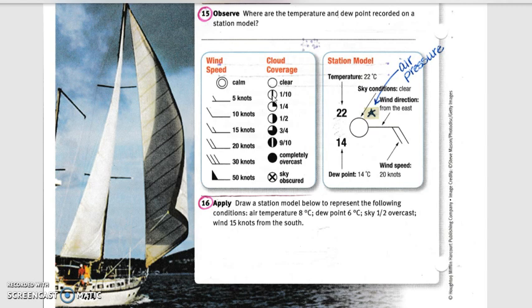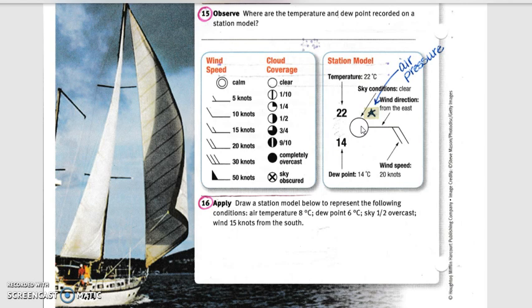Okay? You very rarely will see something like this, but maybe a quarter of the sky covered with clouds. Partly cloudy would be about half and half. Mostly cloudy would be about 3/4. Overcast, which means completely cloudy, you're going to color it in completely. Okay? So this is going to be colored in depending on the amount of cloud cover. So that's where we start.